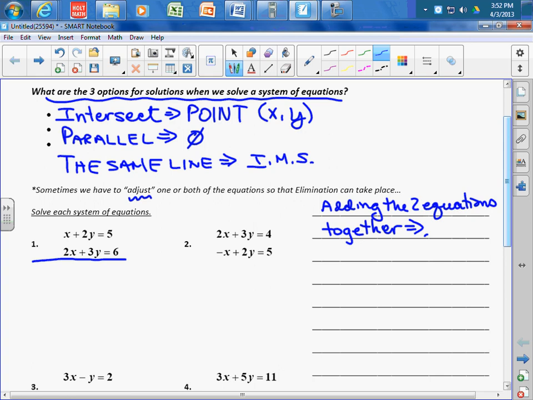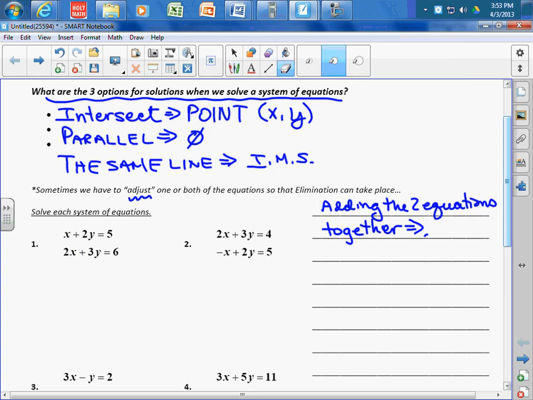Well, let's look at these x's. I have a 2x here, right? What would I need in front of this x in order to get those guys to cancel out? Well, if I had a negative 2, wouldn't this negative 2x here cancel out the 2x there? Well, then that's what we're going to do.